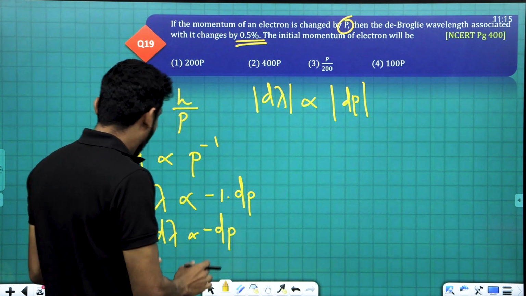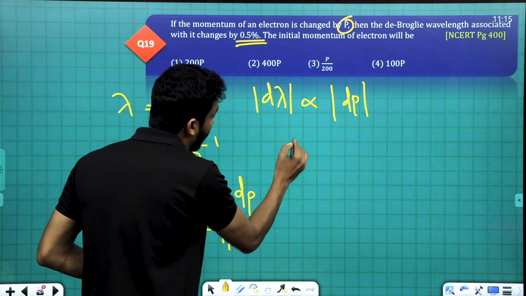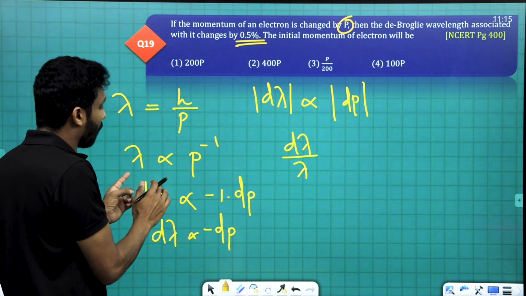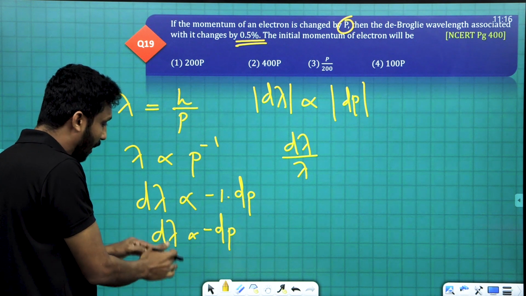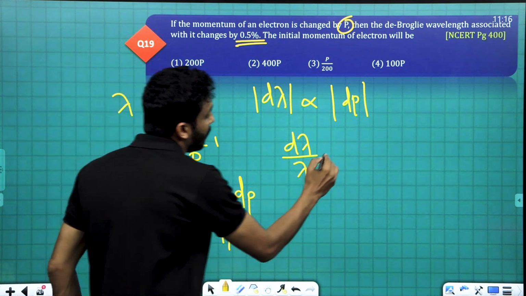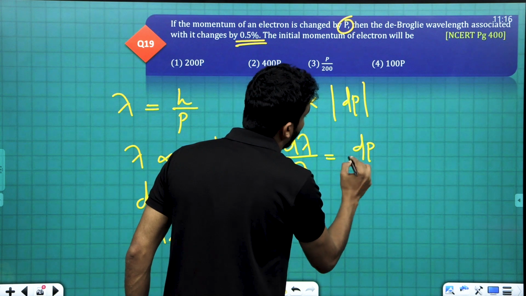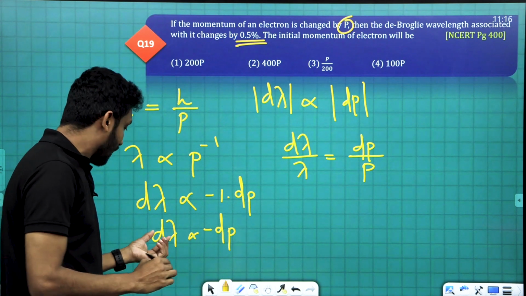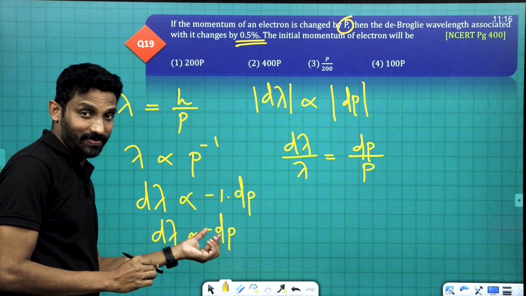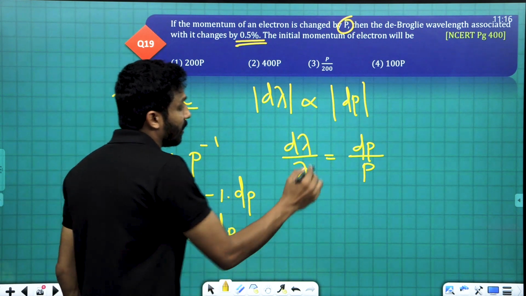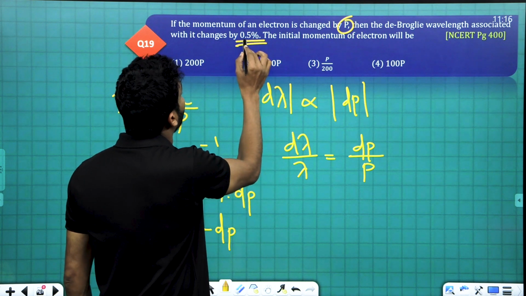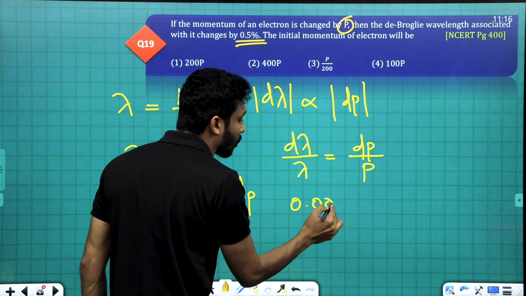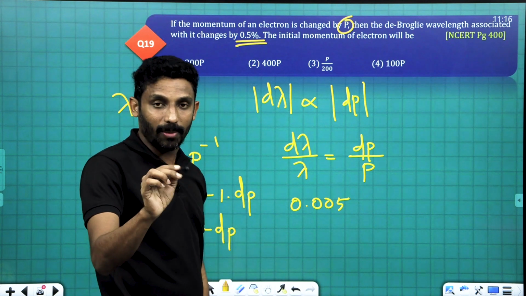Now the question says the wavelength changes by 0.5% when momentum is changed by P. Then d lambda by lambda is equal to dp by p, since d lambda is proportional to dp. d lambda by lambda is given as 0.5%, which means 0.005, that is 0.5 divided by 100.